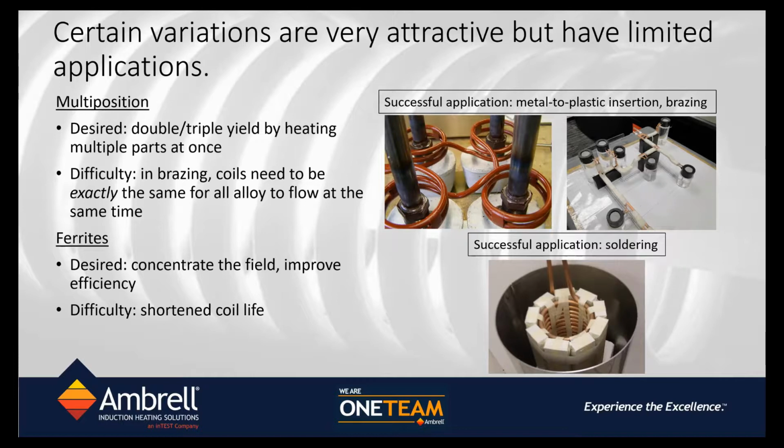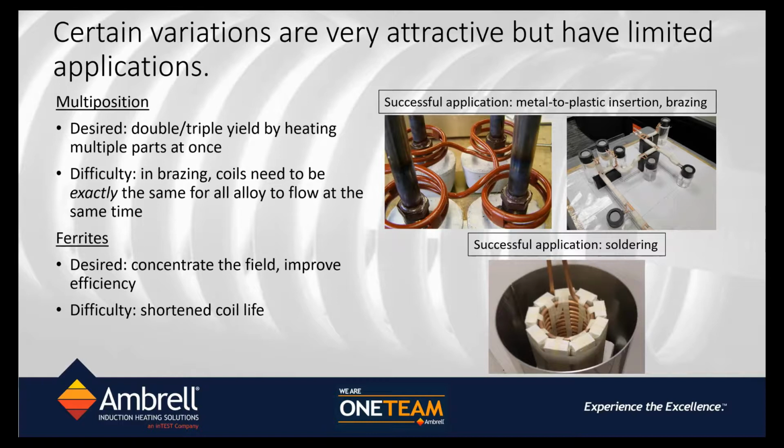It is important to make sure that the coils are similar from one position to the next, because if the coil shape varies or changes from one position to the next, then the heating pattern is going to be different as well. So a lot of times the coils are encapsulated in epoxies or ceramics, as you see in the picture on the right, so that the coil geometry can be sealed and frozen.